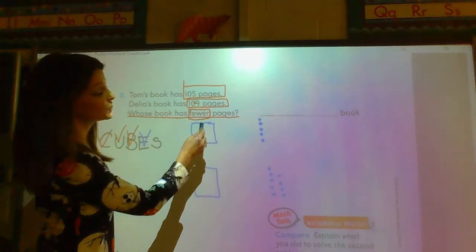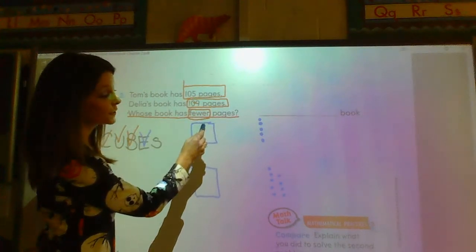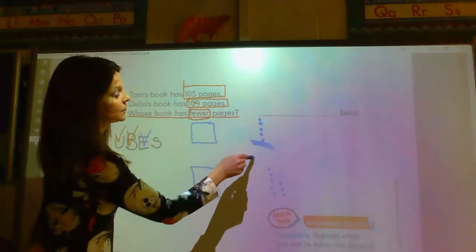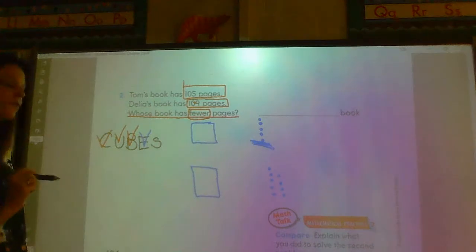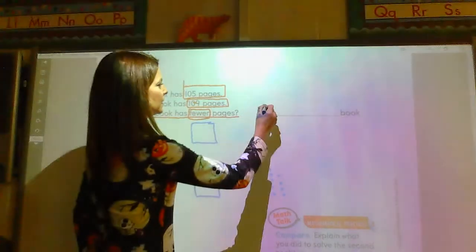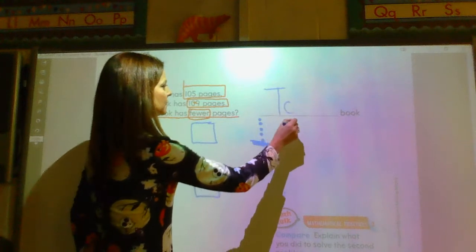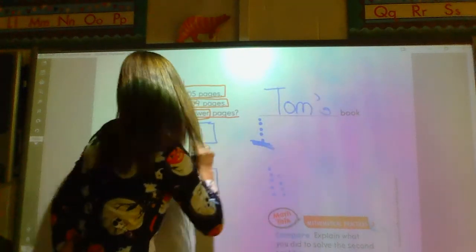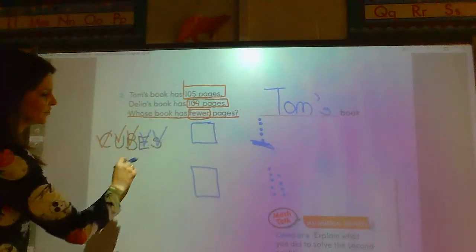So which one's fewer, smaller? 5. So whose book has fewer pages, friends? Tom's book. Nice job.